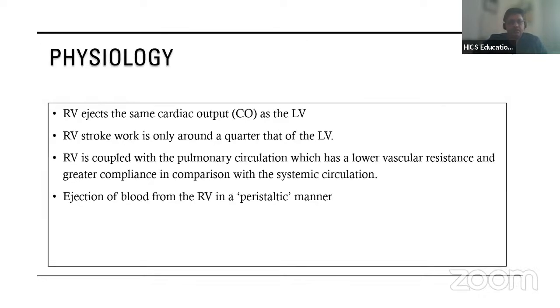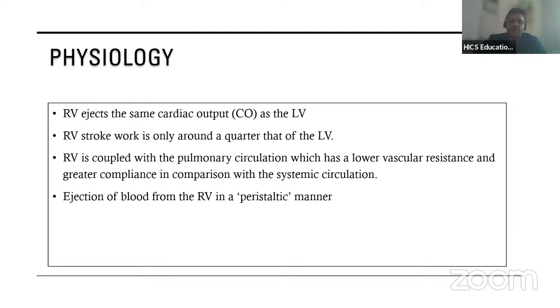As mentioned before, the right ventricle ejects the same cardiac output, the same amount of blood as the left ventricle, but the stroke work of the right ventricle is 25% of the stroke work of the left ventricle. The right ventricle is coupled with the pulmonary circulation, which is a very low resistance circuit and has greater compliance in comparison with the systemic circulation.